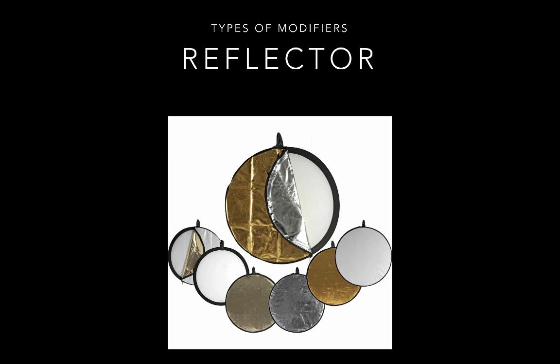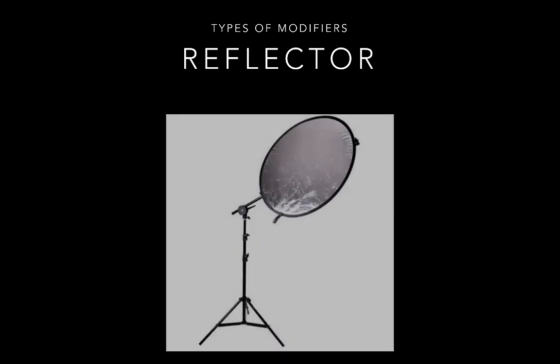You can hold that up, have your assistant hold that in front of a bare bulb flash, and it becomes a softbox very, very quickly. So I use that quite a bit on location when we're working fast. Just hold that diffusion material up in front of a bare flash, and you don't have to take the time to set up a softbox if you just need a real quick image that has soft light.